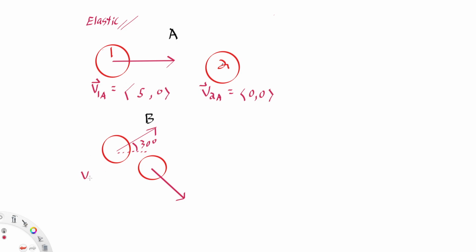So the velocity of ball 1 after the collision is equal to v1b. Oh, I'm running out of space. I need to make a little space.